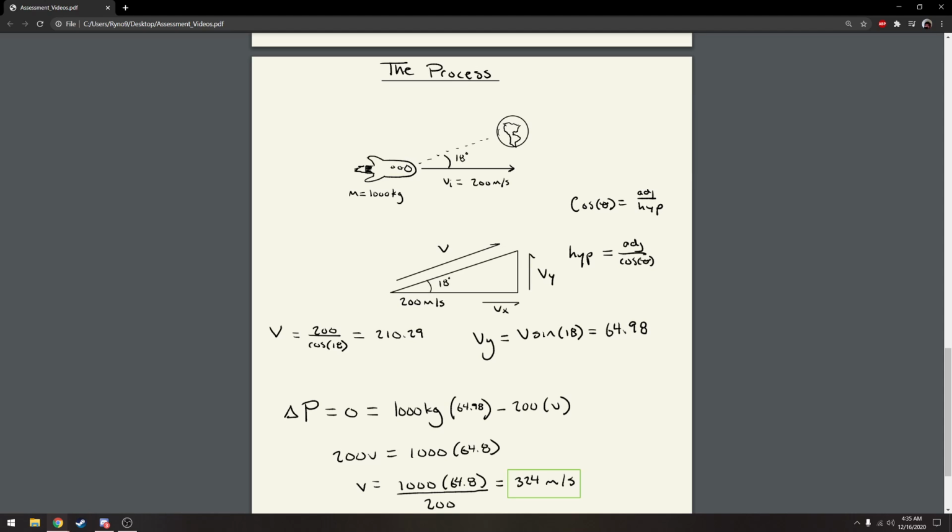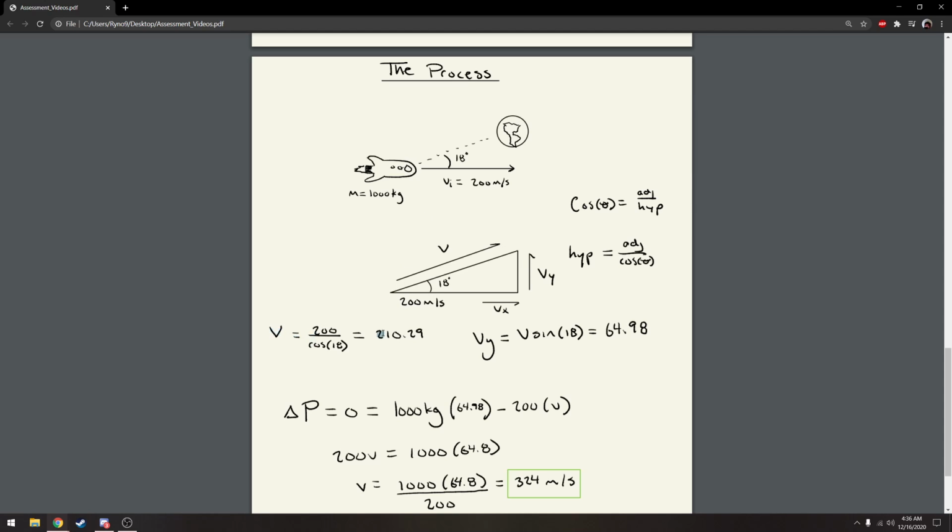In order to get that, we need to find this y component, because this x component plus this y component will give us this total velocity, which is going to be 18 degrees counterclockwise from this x component. I'm sorry, it's 4:30 in the morning. Anyway, in order to do that, we need to do some trig first.